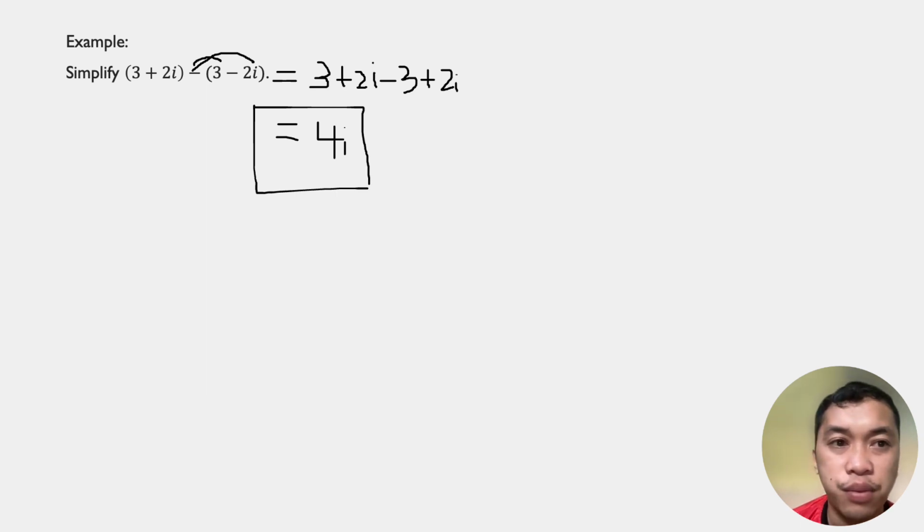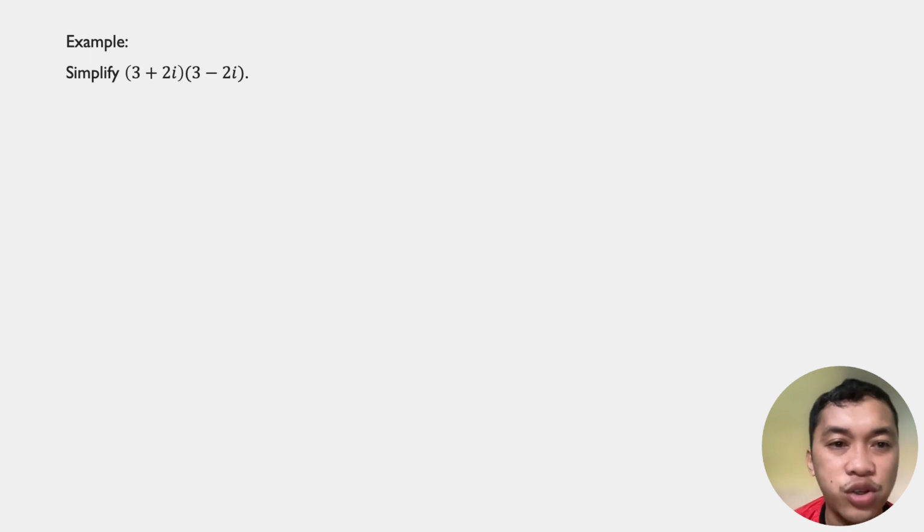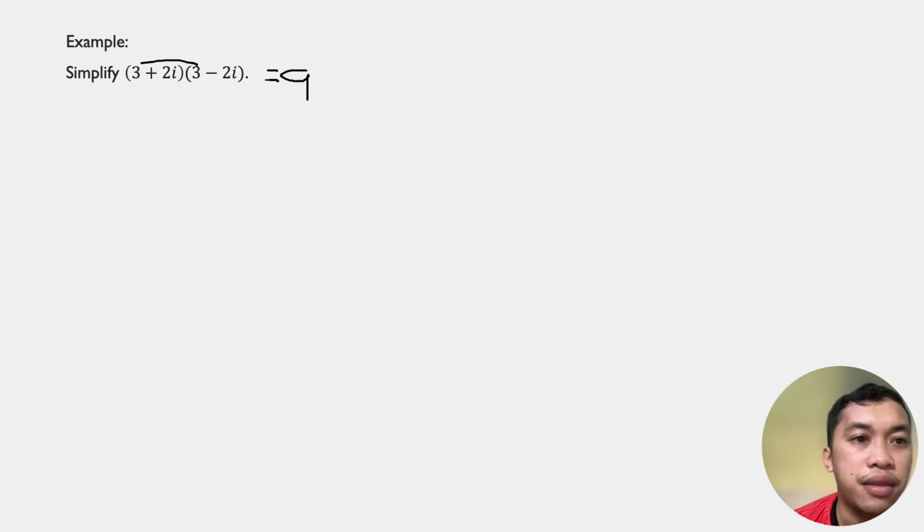Our third example will be a multiplication of complex numbers. All we have to do is distribute the first term to the second term. So we will have 9, and then 3 times -2i is -6i.